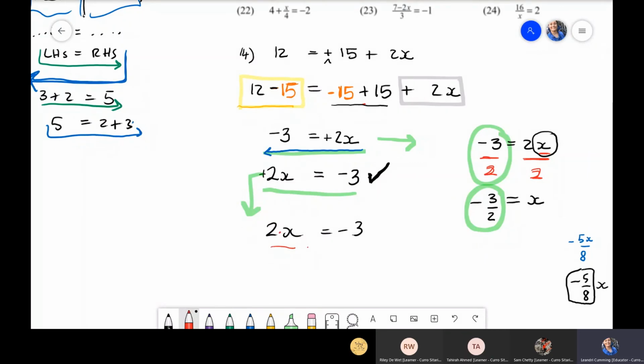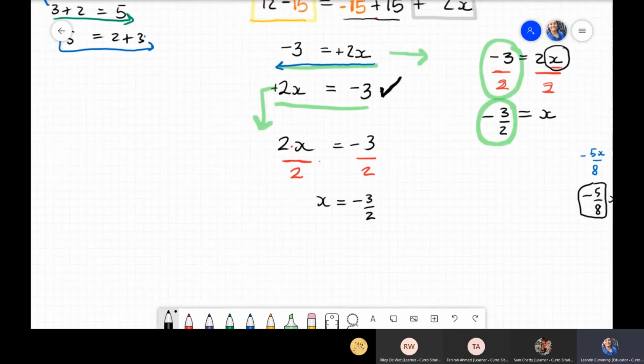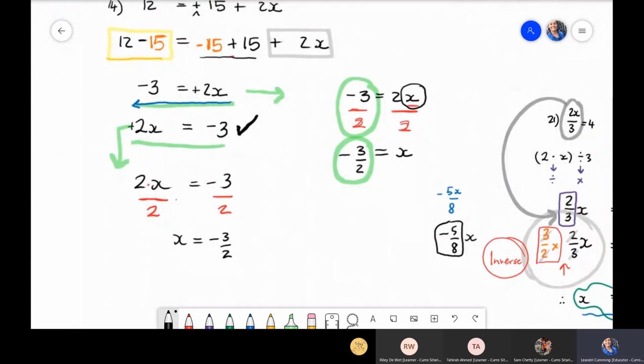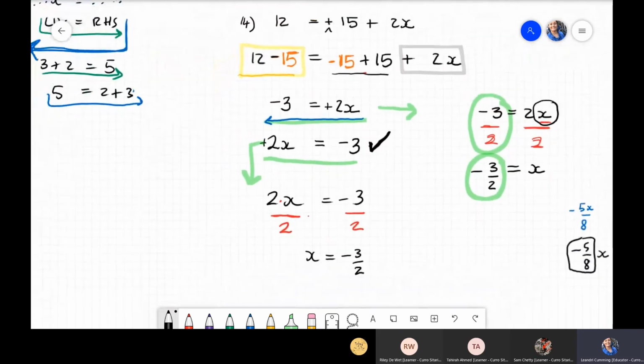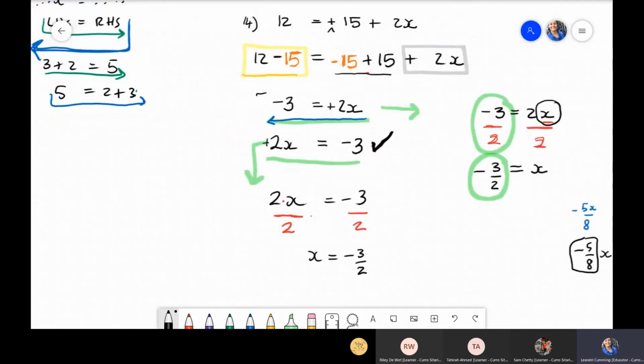I have a 2 times x, so I will divide by 2. What I do there, and my answer is still x is equal to negative 3 over 2. So that's fine. You may leave it like that, and you may go ahead and sort it out first, provided that you have done it correctly with all your signs.